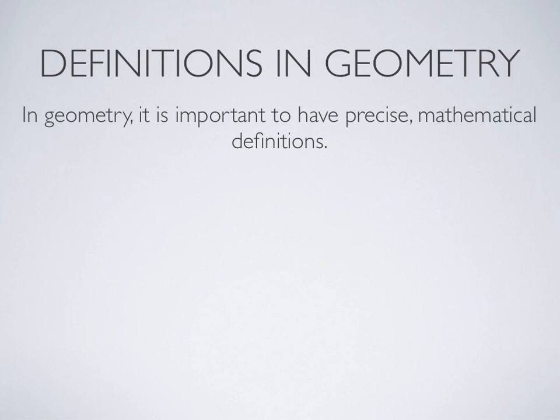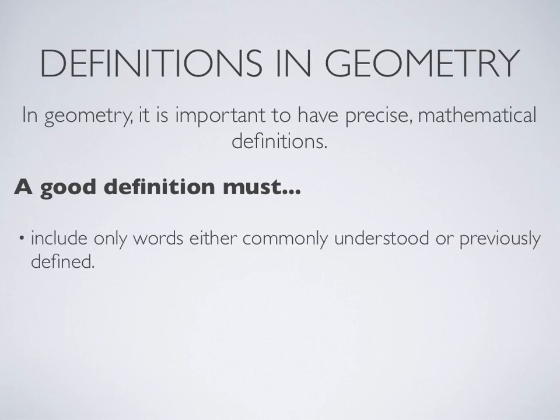So let's talk about how we define things in geometry. And we just came out of a vocabulary unit, so obviously you know the importance of having a good definition. Okay? So a good definition, to explain to you what a word is, needs to include words that are commonly understood, meaning words that I can assume you already know, or previously defined.